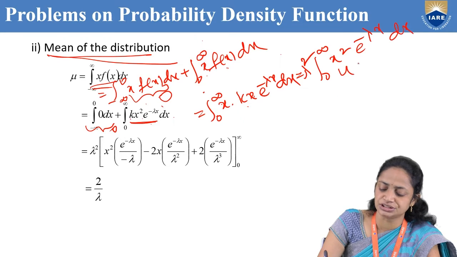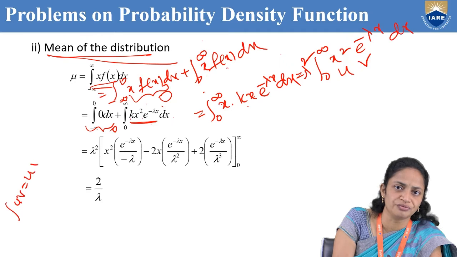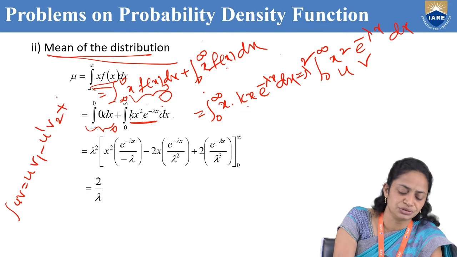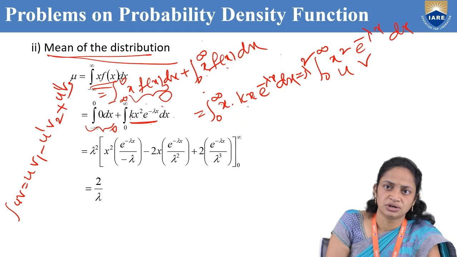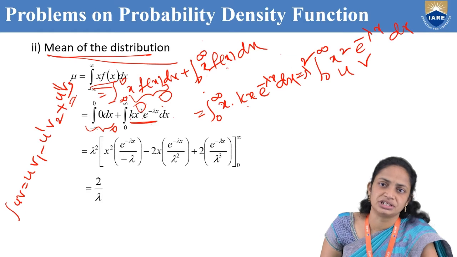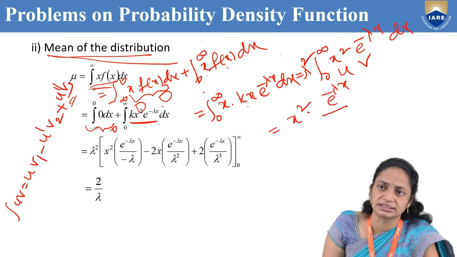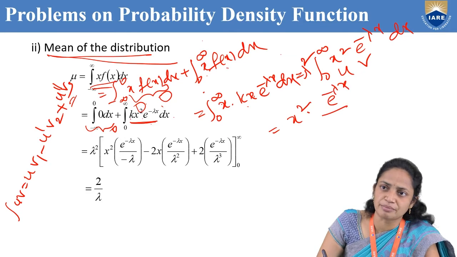Let us consider this x square as u and e power minus lambda x as v. According to our formula, the integration of uv equals u v1 minus u dash v2 plus u double dash v3. Because x square is there, I am writing up to the second differentiation, since the third differentiation will be 0. So u is x square, and v1, the integration of e power minus lambda x, is e power minus lambda x divided by minus lambda.